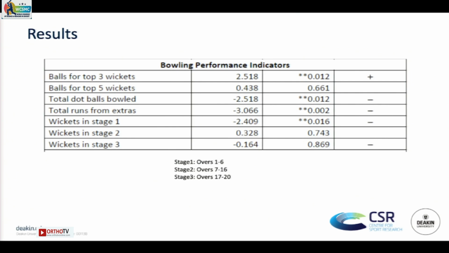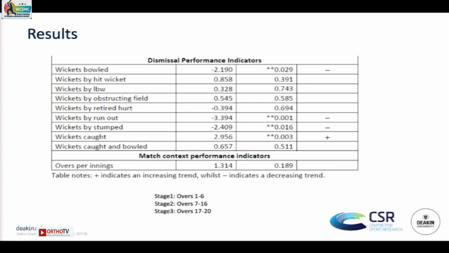These are the bowling performance indicators, and it's a very different story here. These are negative trends. So we've got a decrease in runs from extras, which reflects actually a positive for bowling attack, but number of total dot balls is on the decline, which is not great, and wickets taken in stage 1, the first 6 overs, is also on a negative trend, so that's bad for bowling performance.